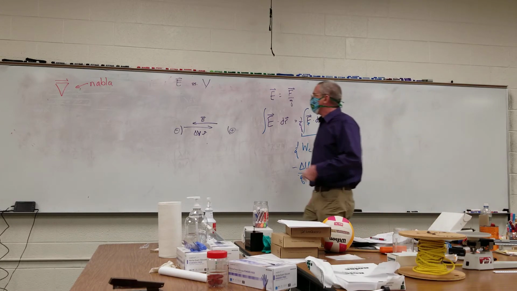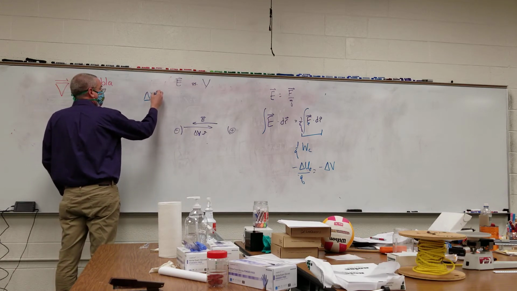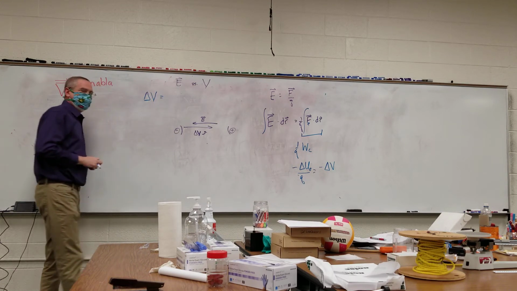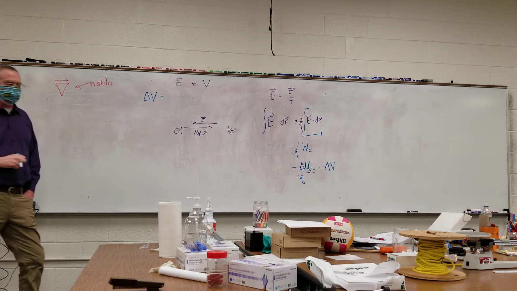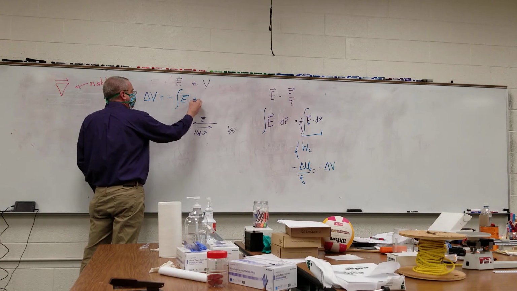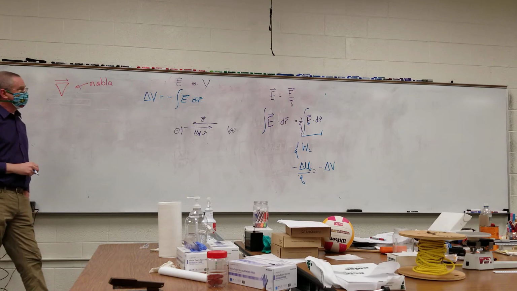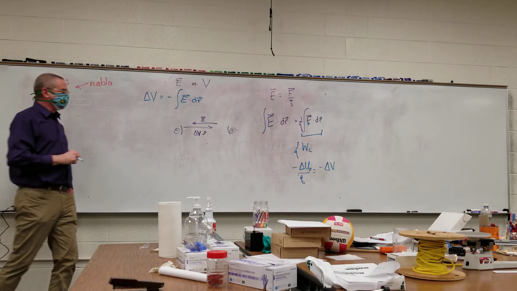So we have a relationship right there between these two: the change in the electric potential, otherwise known as the electric potential difference or voltage, is equal to the negative integral of E dot dr, or dx or ds or whatever letter you happen to be using. So we got one relationship right there.